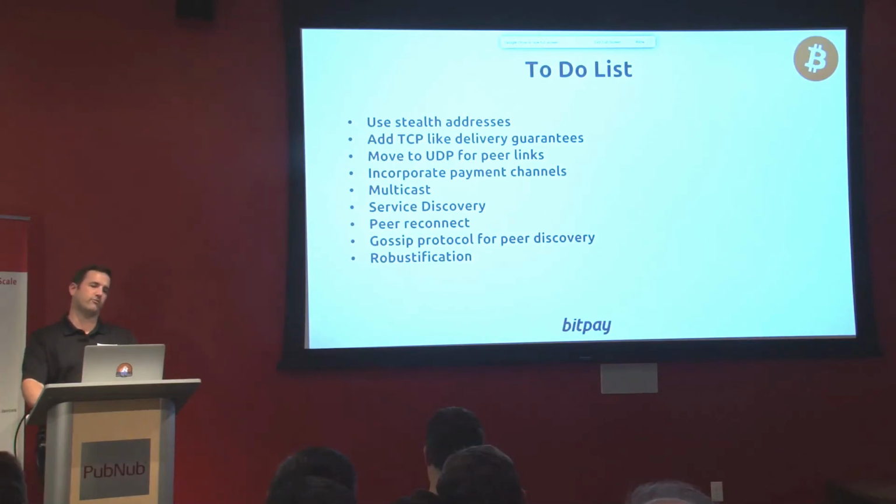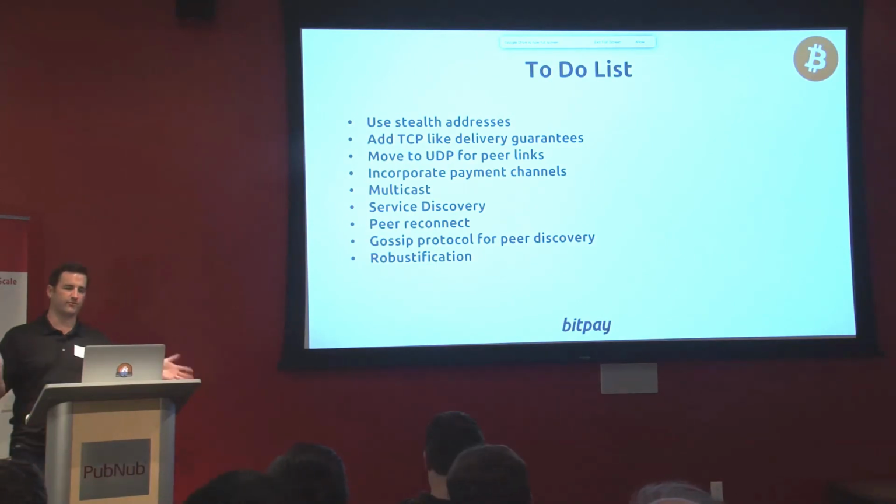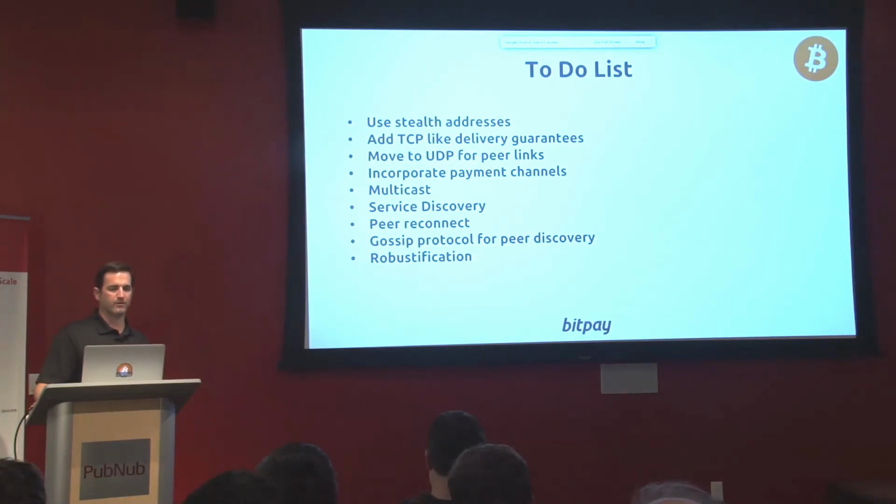So while the peer links have TCP guarantees, you're not really providing all the TCP-like delivery guarantees on an end-to-end basis. So that needs to be added. Right now, we're kind of just ignoring that little fact for the moment, mainly because we don't have a very sophisticated router in place.